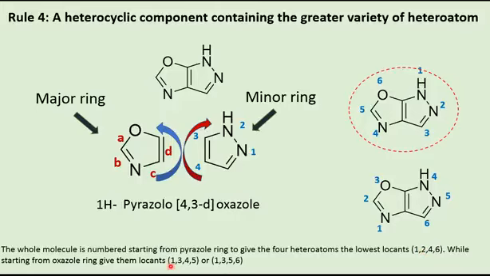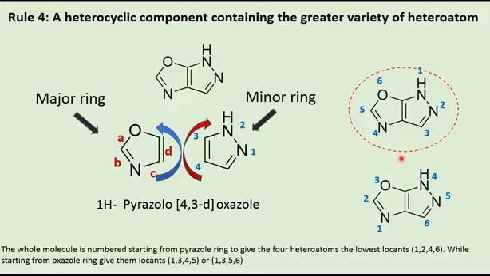So we need to see how actually the overall heteroatoms are getting the numbers. We start from next to this quaternary atom and we go either clockwise or anti-clockwise. Here it is clockwise, and if we start from oxygen, it is anti-clockwise.